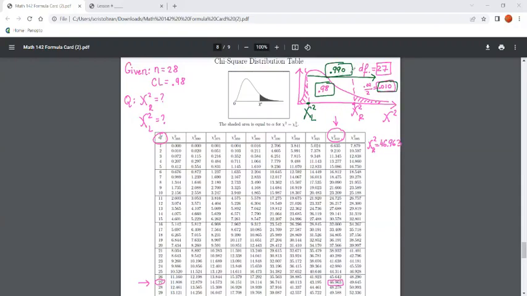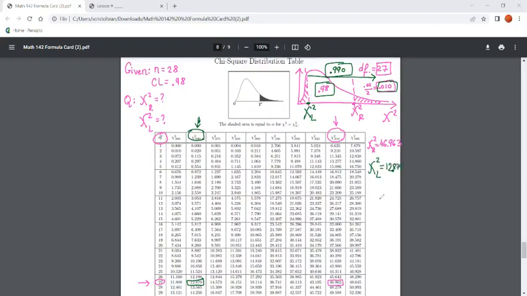So it's 0.990. 0.990 will be this one. That means I'll have to look at the intersection of this column and this row, and I got to this value, chi-squared to the left is 12.879.